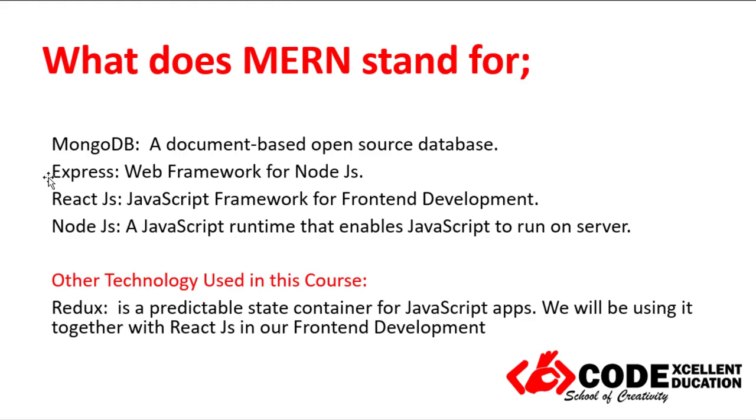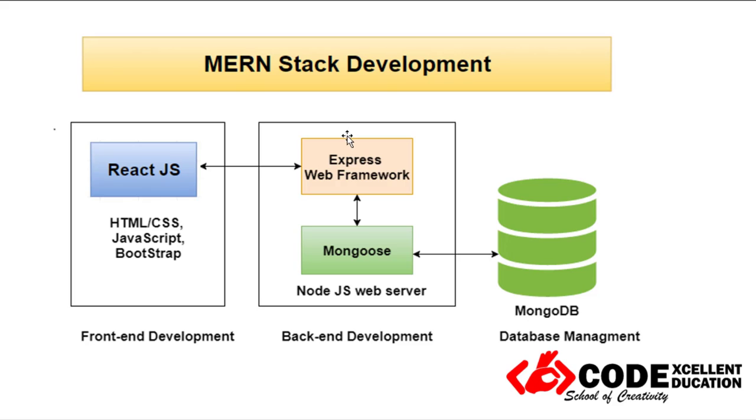So let's just take a look at how MERN works. So we have this diagram that shows how different technologies within the MERN stack combine forces so that we can have a full stack application. So we have the MongoDB right here.